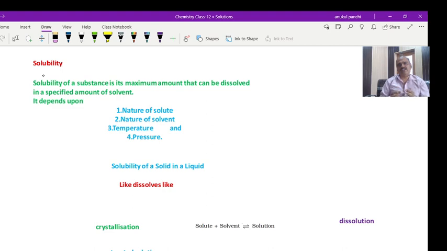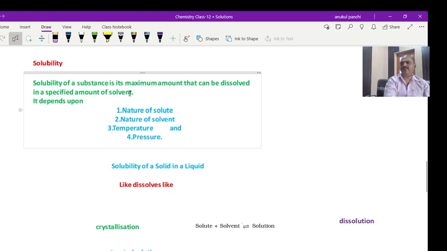You can say how much of solute is actually dissolved in how much of solvent. So maximum amount of a solute that can be dissolved in a solvent is called its solubility. Solubility of a substance is its maximum amount that can be dissolved in a specified amount of solvent.